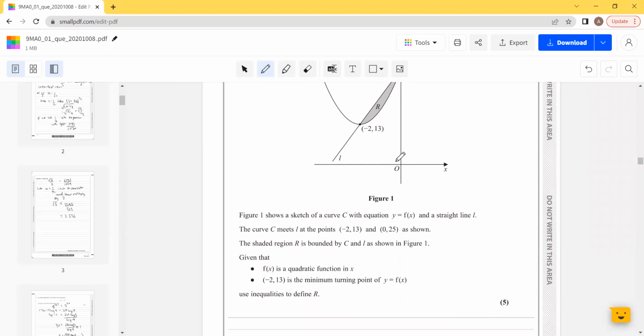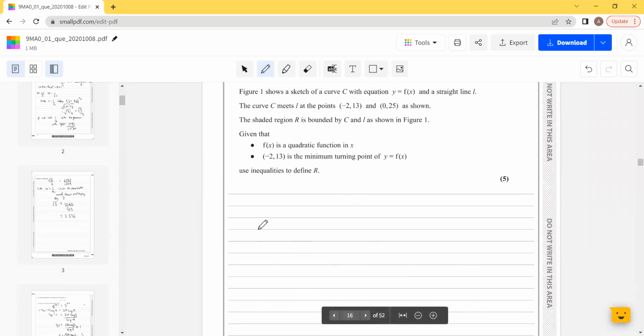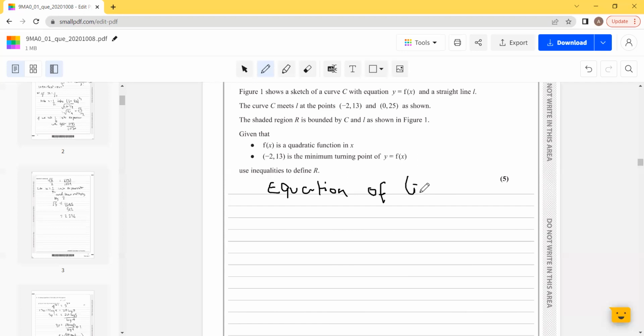So first I'm going to go ahead and work out the equation of the line, because that's usually very simple. The first thing I want to know is the gradient of the line.